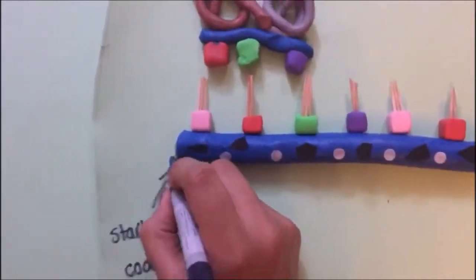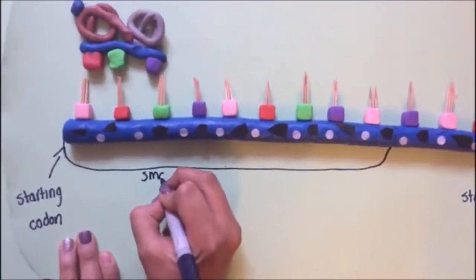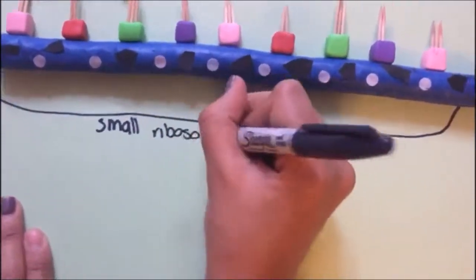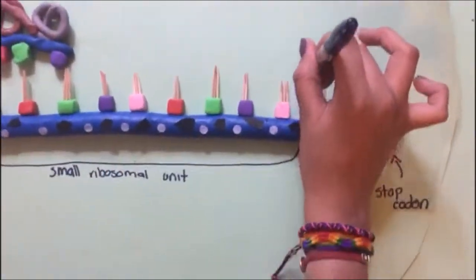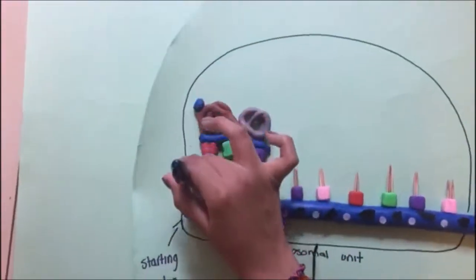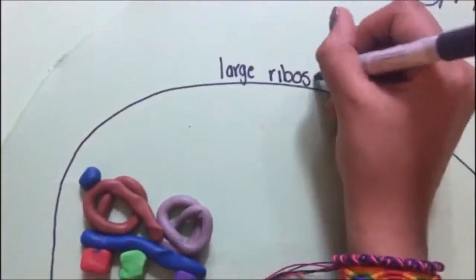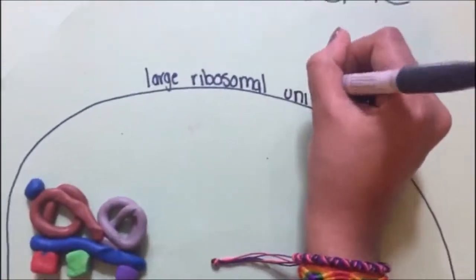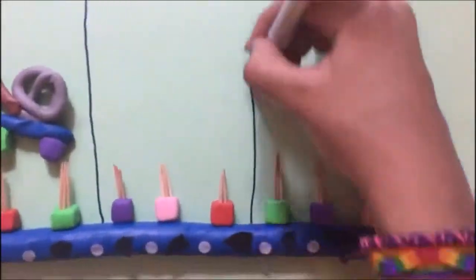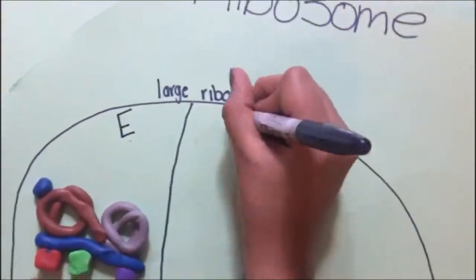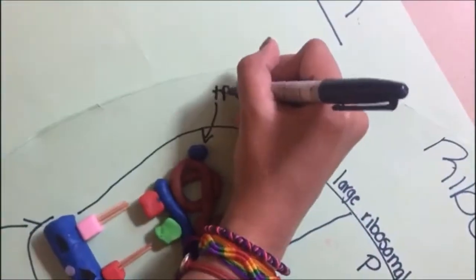Then, the small ribosomal unit will join to the mRNA strand. The large ribosomal unit, which has three sections, E, P, and A, attaches to the small ribosomal unit.